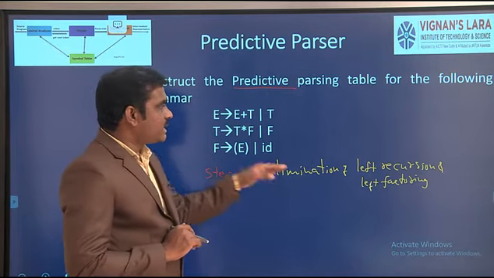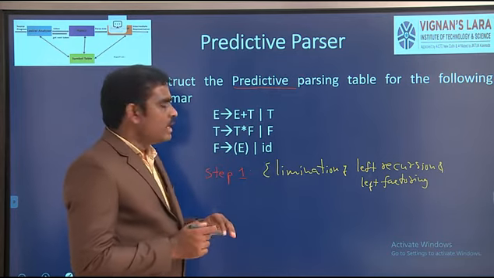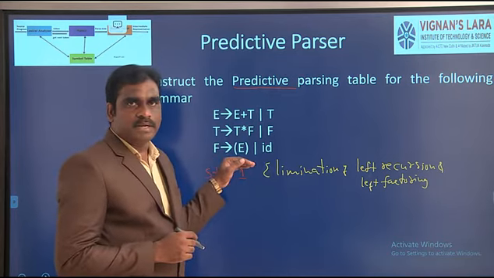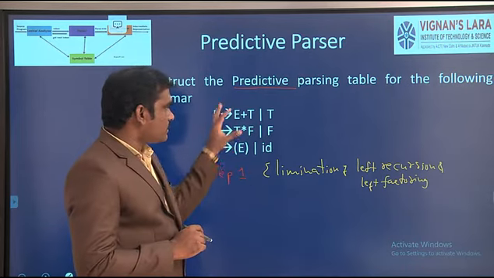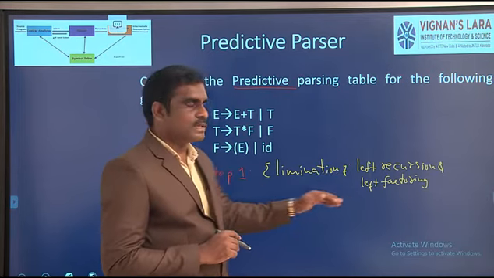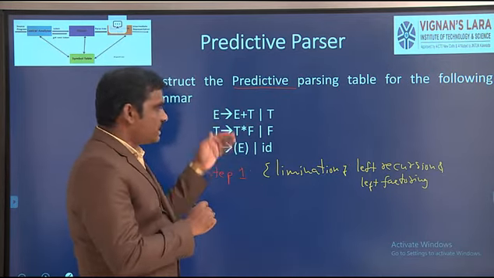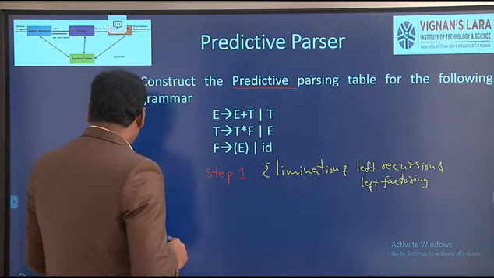Suppose the given grammar has left recursion, then we have to eliminate the left recursion. Suppose it has left factoring, then we have to eliminate the left factoring. Suppose the given grammar does not contain any left recursion and left factoring, then the step one output is the same given grammar. So this is step one.